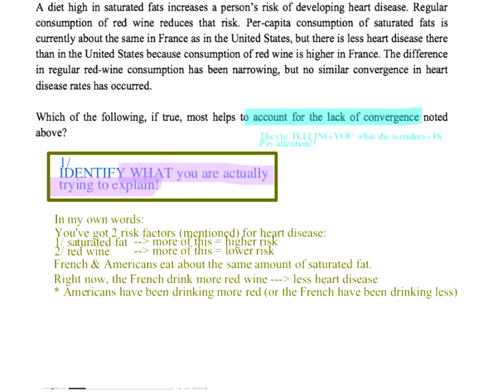It's still lower by the same amount. So that's the weirdness right there. Because what would you naturally expect to happen if this is going on? If Americans are drinking more red wine, or the French have been drinking less of it, what would you expect would happen? Text box.